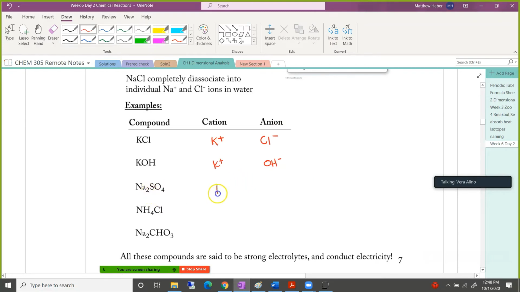Here we have sodium ions and sulfate ion. If you look at the subscript, it tells you how many ions are involved. So there are 2 sodium ions that can be ripped apart from this compound and 1 sulfate ion. So if you drop 1 sodium sulfate molecule in water, how many entities are there?